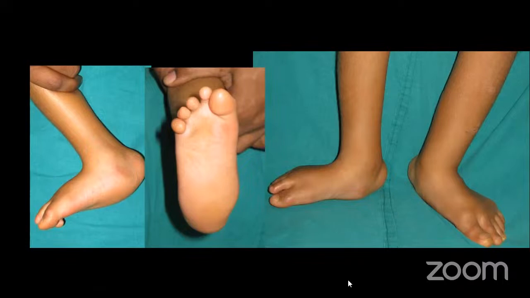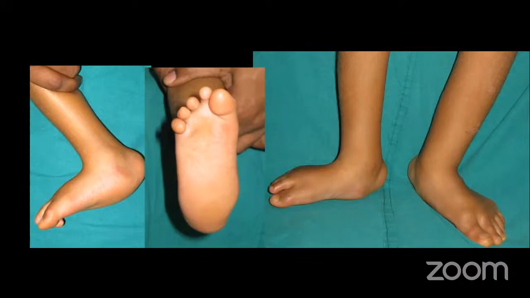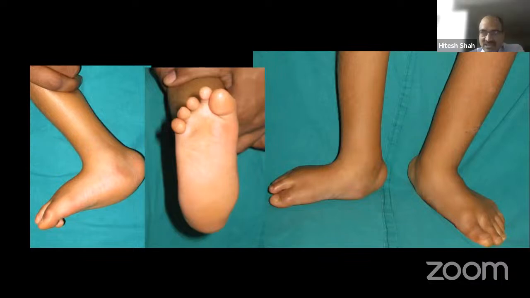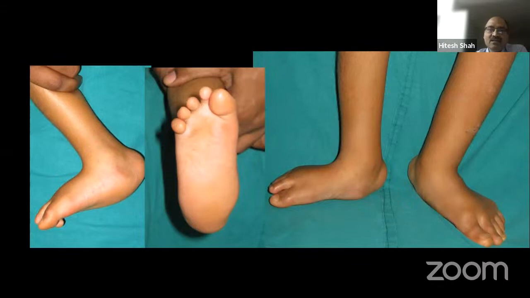But a very important message: clubfoot doesn't require any X-ray, but in case of congenital vertical talus, an X-ray is needed for documentation. X-rays are a necessary investigation for diagnosis because they give an idea of the severity of deformity, and they differentiate between the oblique talus and the vertical talus.